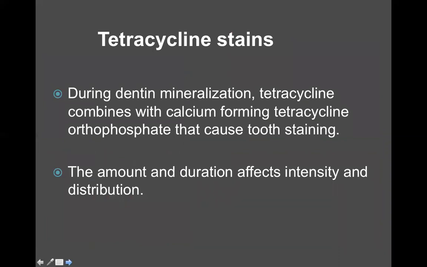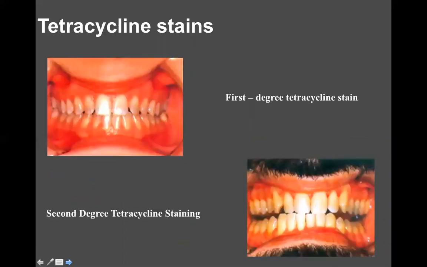Tetracycline stains are due to the changes that happen during dentin mineralization because of the combination of tetracycline with the calcium forming orthophosphate, and that causes staining. The amount and the duration affects the intensity and the distribution of staining. The tetracycline staining has a typical grayish appearance, as you can see.